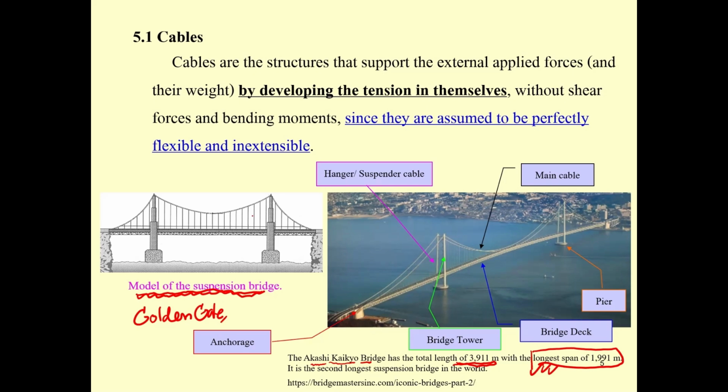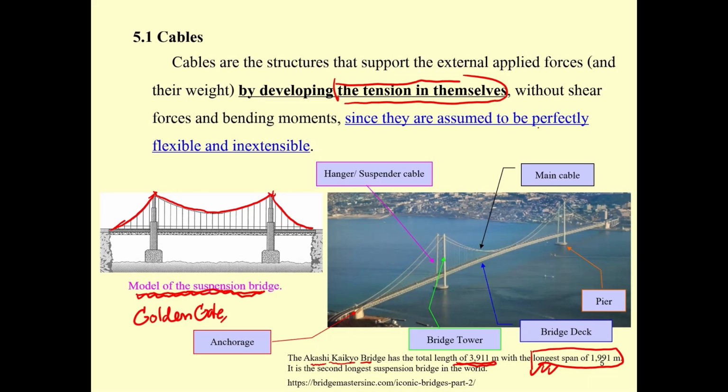By putting this one, all of the cable of the bridge is going to be used to carry the weight from the bridge deck, passing through the hanger, and then the cable will develop tension in itself without shear force and bending moment.